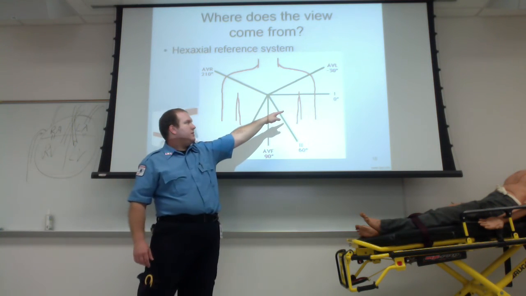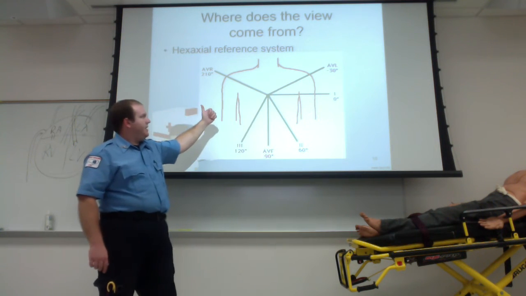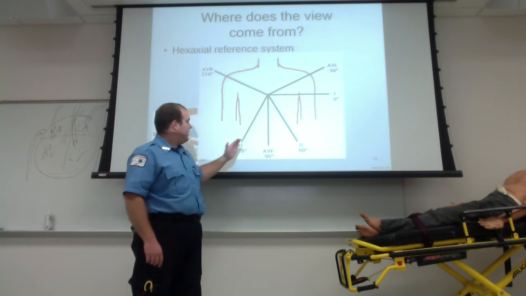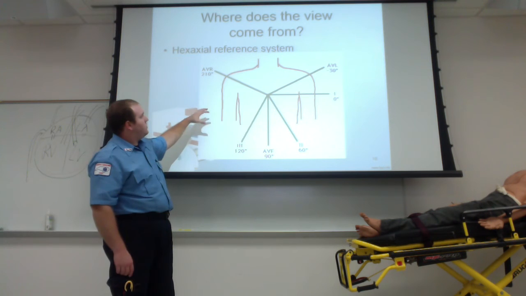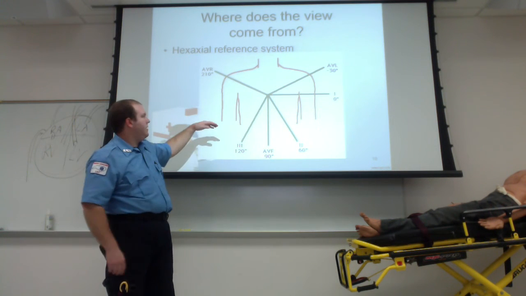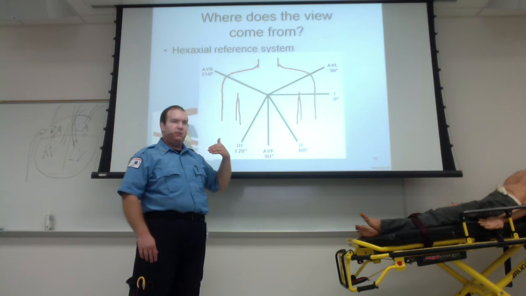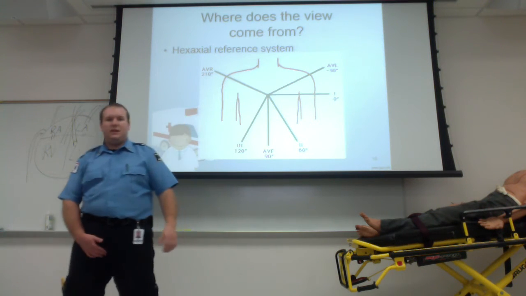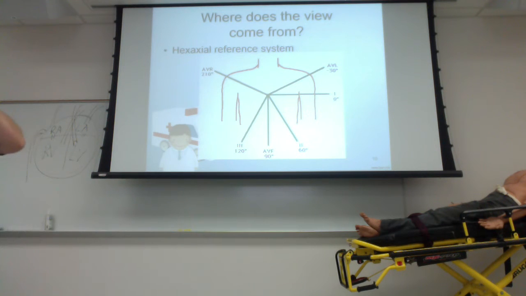Well, lead 1 is coming from 0, coming from the outside in that way. Lead 2 then circles around, lead 2 coming this way, 3 here, and then your next one's AVR, coming back from the top right side of the patient going down. AVL, left side coming in, and then the AVF up from the bottom. And it's a good view, just look at it that way there.